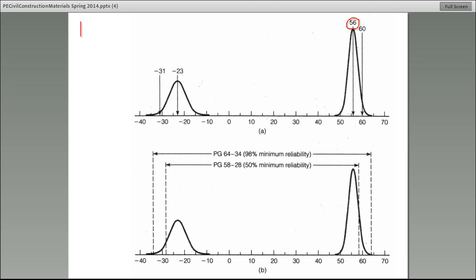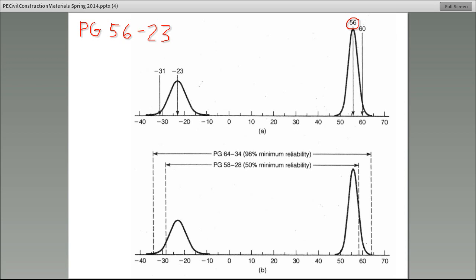So here's the answer that we have to work towards. So you specify PG 56. PG 56. And what about on the low side? Help me out. On the low side, if you go back to the previous slide, they say the 1-day coldest is minus 23.